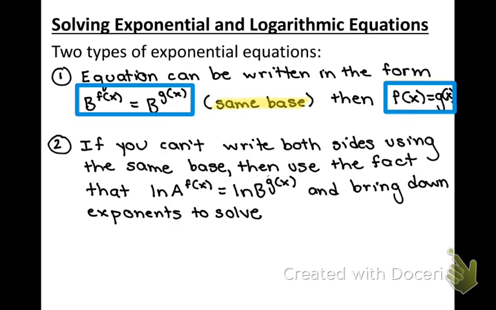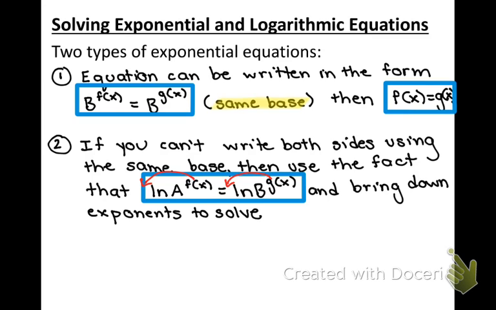If they don't have the same base, then I am going to take the natural log of both sides, and then I'm going to bring down those exponents to the front, and I am going to solve my equation from there. Every exponential equation we come across is going to come in one of these 2 forms.